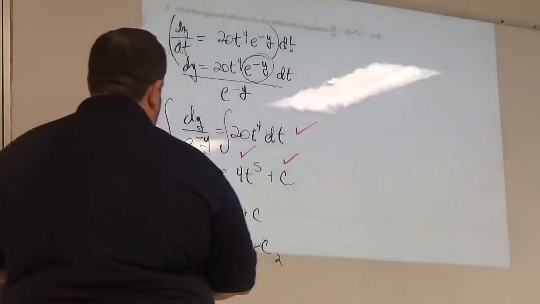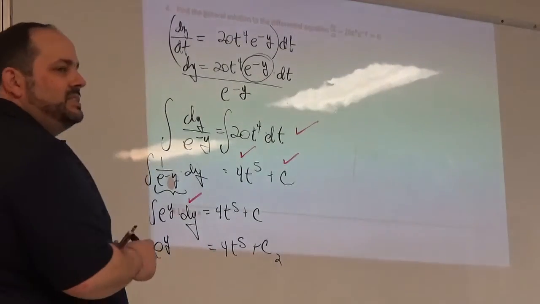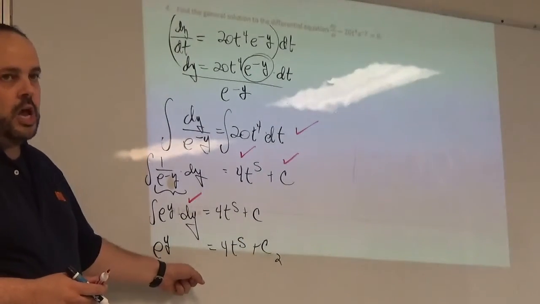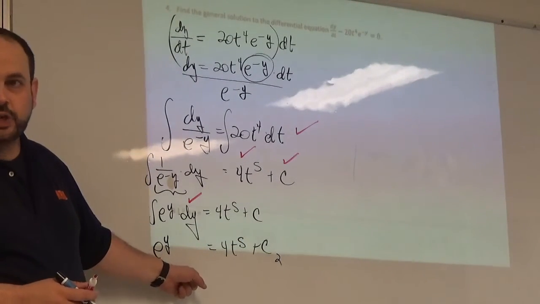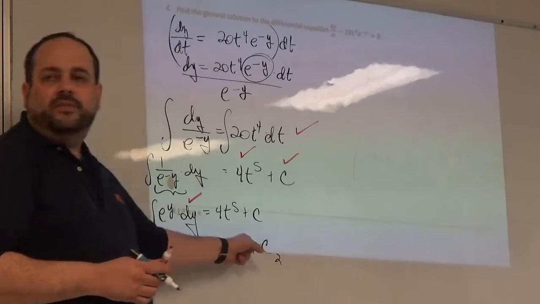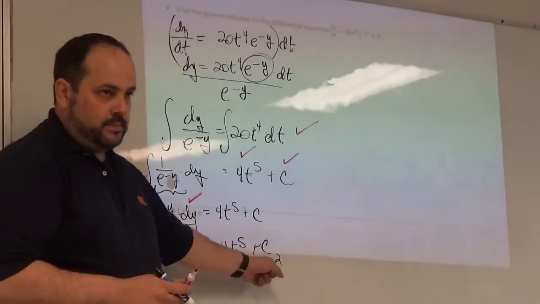It is 100% okay if you stop writing the constant of integration on one of the two sides. Don't do it to both. You have to have the constant of integration on at least one of the sides. It doesn't matter to me which one.